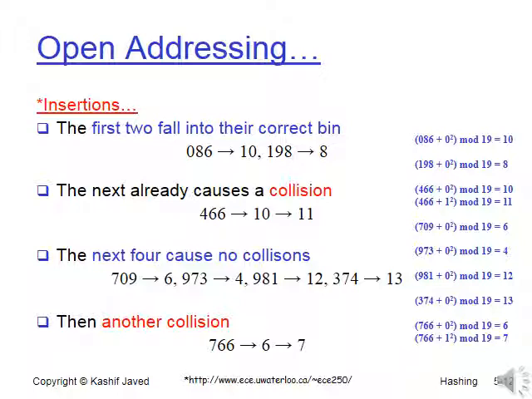Then another collision is caused when we take the hash function of random number 766, which gives us bin 6 index in the first sequence, which is already taken by random number 709, and bin 7 index of the hash table in the second sequence, where we insert it since it was empty.